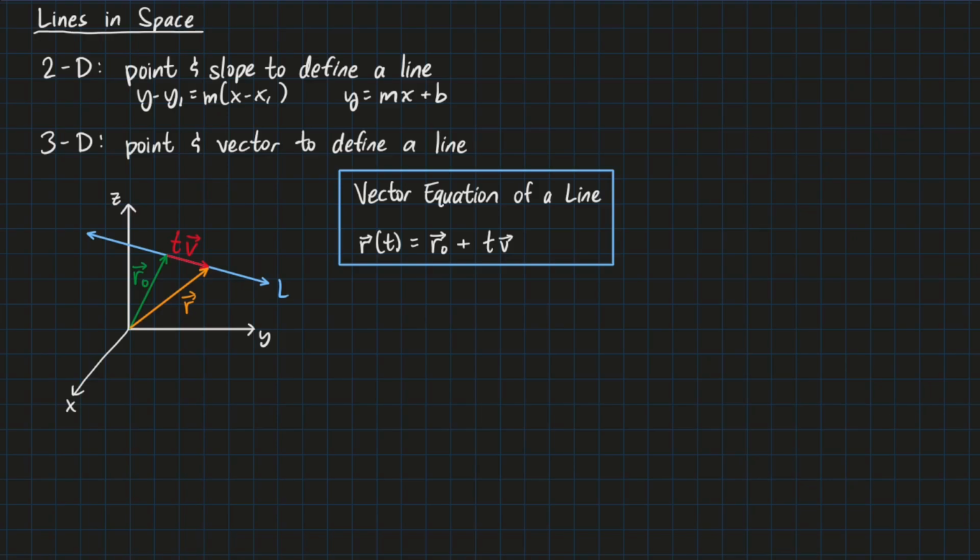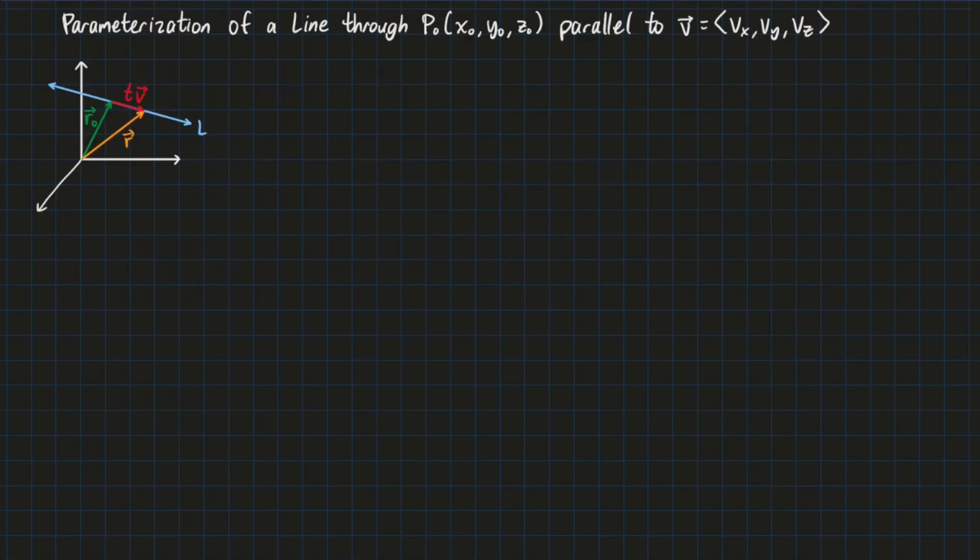So all these vectors, r0, r, and v, they describe 3 dimensions. So we have x, y, and z coordinates. We can parameterize the equations into each of the respective coordinates. So let's say vector r0 takes us from the origin to a point on the line. That point, we can name it p0, and the coordinates at point p0 are x0, y0, z0.